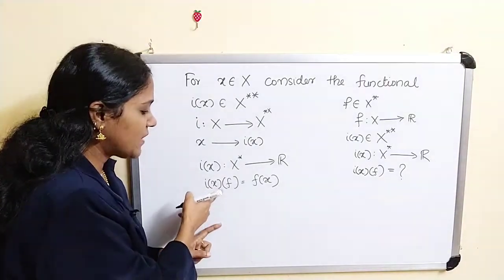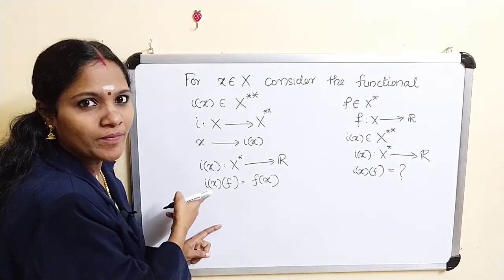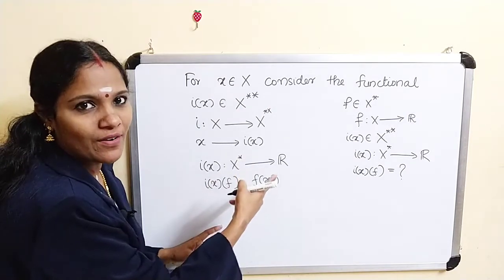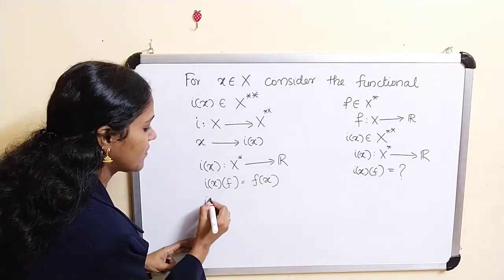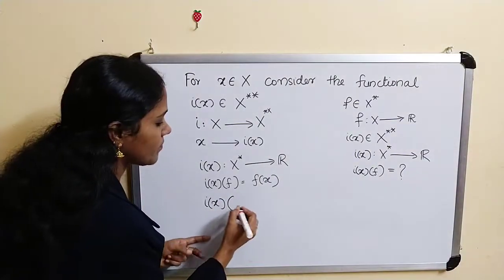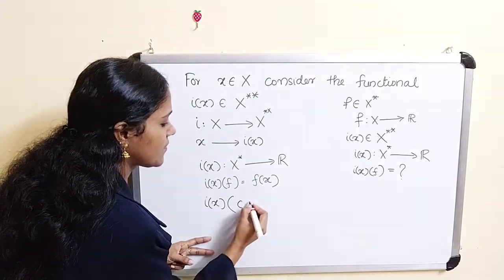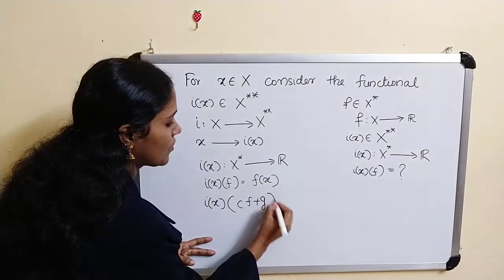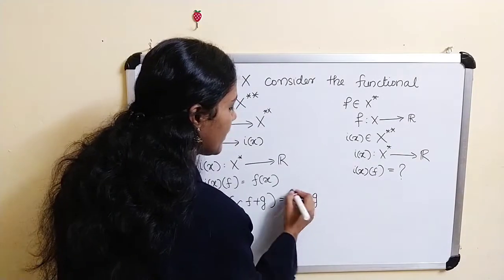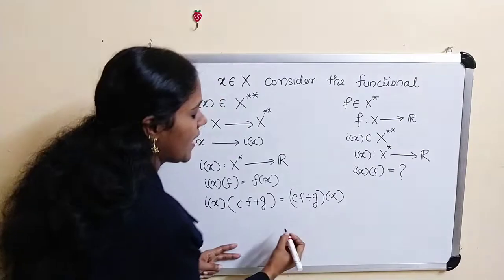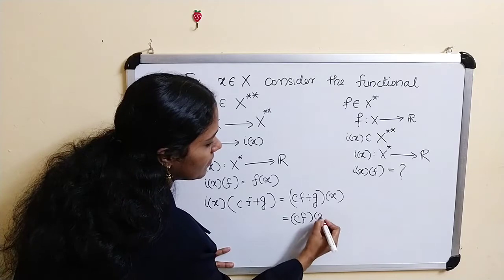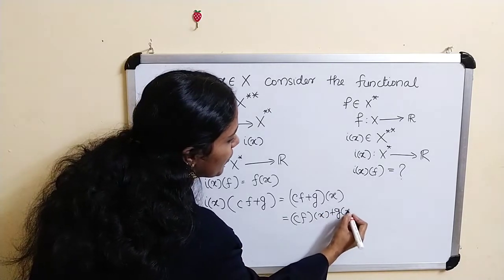Now we are going to prove that I of x is linear. Then only I of x belongs to X double star. Take some points f and g, and a scalar c. I of x of c f plus g is equal to c f plus g of x, and this is equal to c f of x plus g of x using the linearity of f and g.